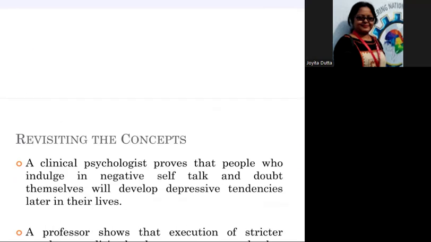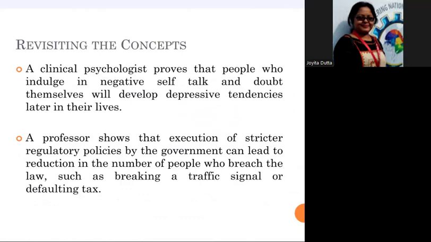If I just go for another example, a clinical psychologist proves that people who indulge in negative self-talk and doubt themselves will develop depressive tendencies later in their lives. If I talk about this, what had happened? First, there was a description.